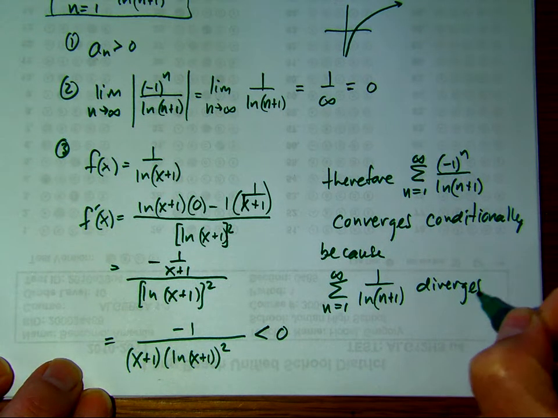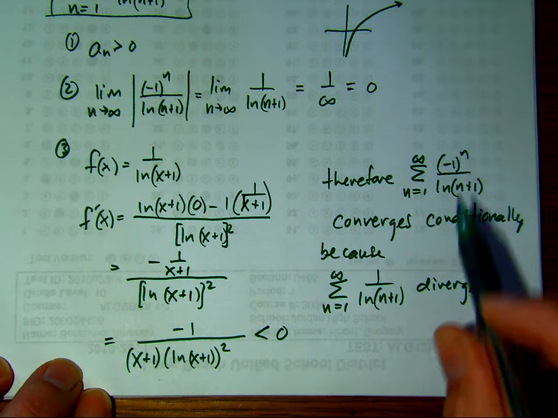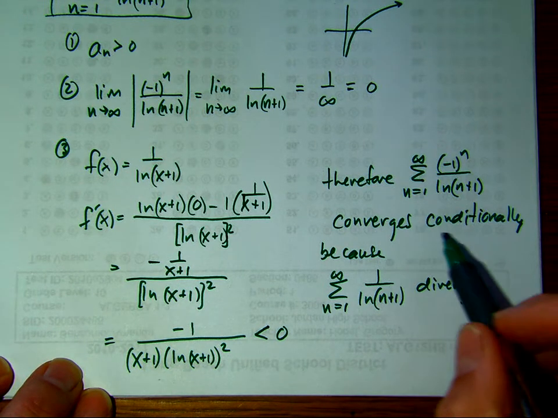If it didn't alternate, it would diverge. Because it's alternating, it converges. So that means it's conditionally convergent.